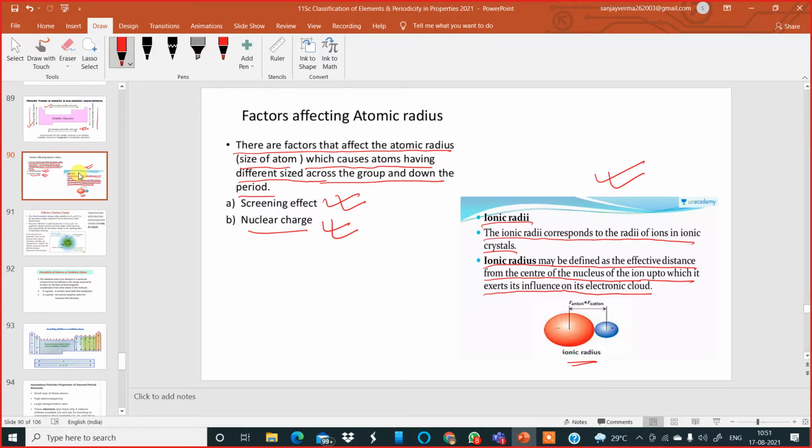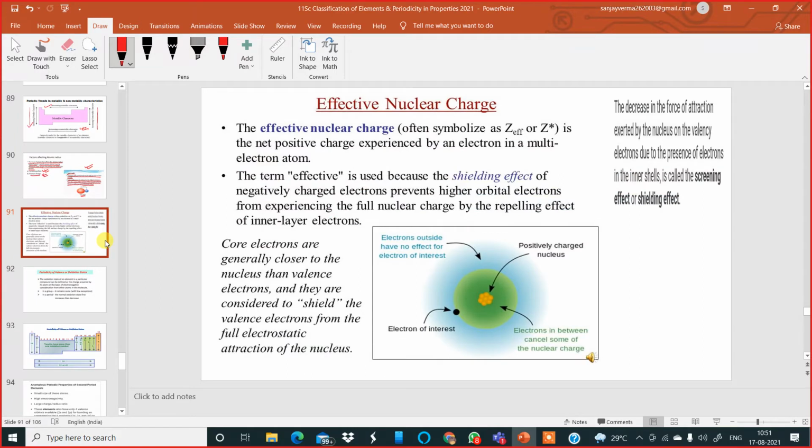Then, moving to the next, with regard to effective nuclear charge, to clear the concept of the effect of the nucleus on the electron cloud present in the subshell or the valence shells. The effective nuclear charge, often symbolized as Z effective, Zeff, or Z star, is the net positive charge experienced by an electron in a multi-electron system or an atom.